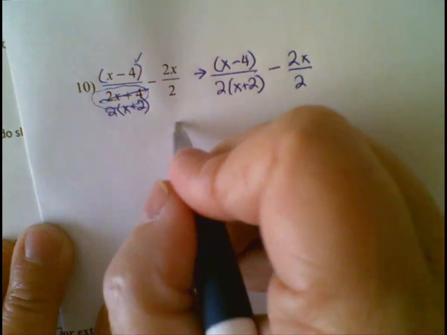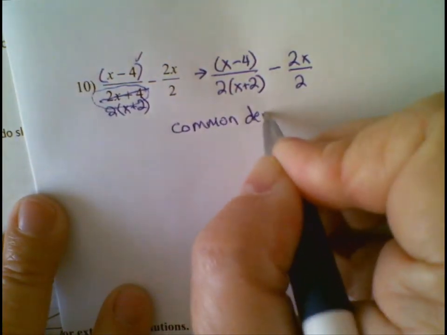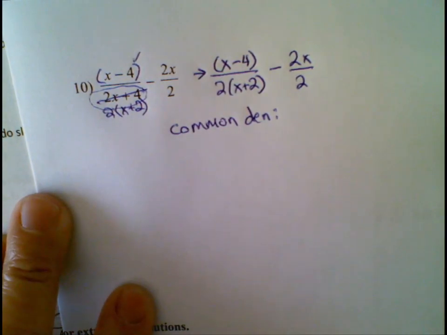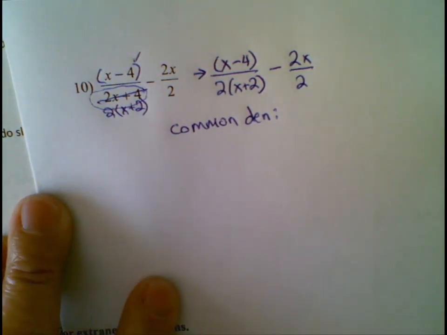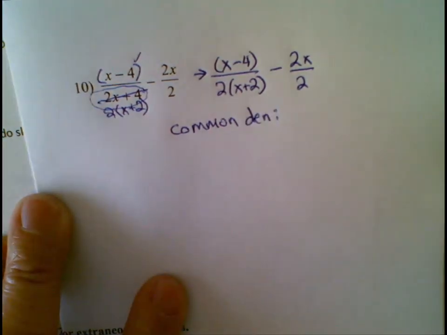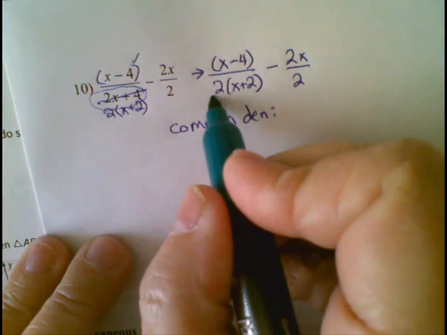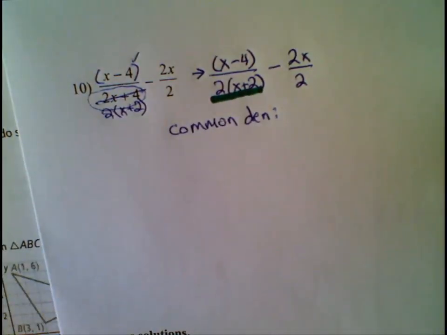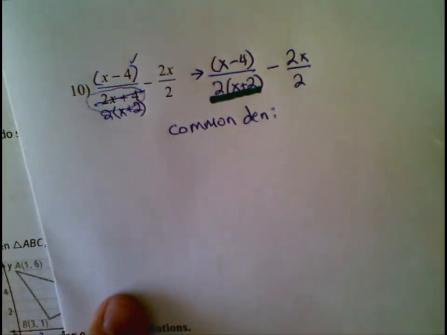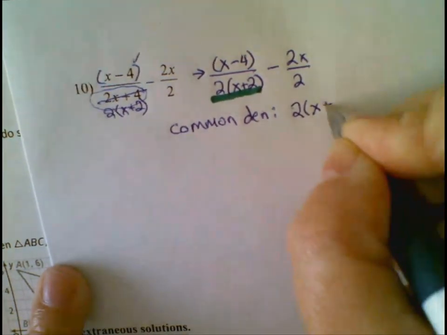Now, my common denominator. It has to include both denominators. So, if I look at the first one, I have 2 times x plus 2. So my common denominator has to include that.